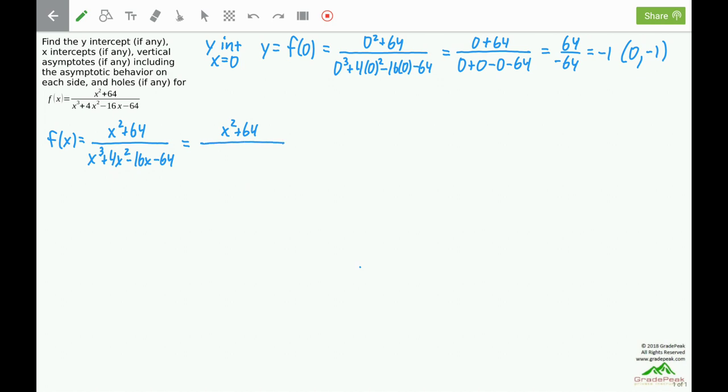The denominator is a 4-term cubic, and so may factor by grouping. Group together the x cubed and the 4x squared, and group together the negative 16x and the negative 64.